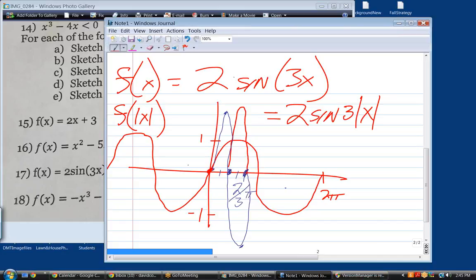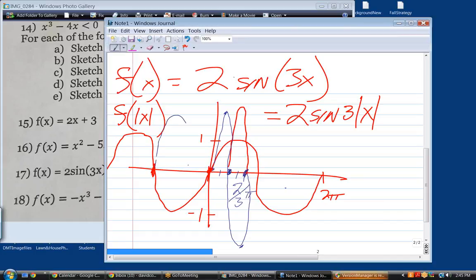So my blue line stays. But now, typically, if I had sine of minus x, that's equal to minus sine of x. So whenever I'm in this territory, at least from there to there, it would be equivalent to the reflection.